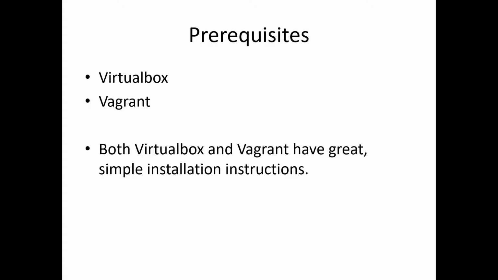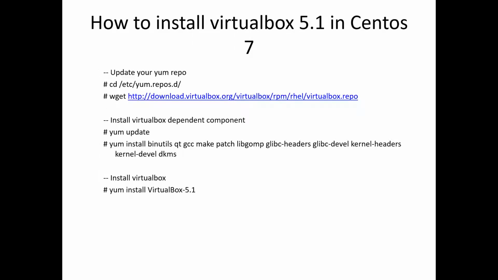So what do we do? For that, we have to install VirtualBox, which you did yesterday, and then on top of that, you have to install Vagrant, which I'll show you; it is very easy. Both VirtualBox and Vagrant have great, simple installation instructions. The instructions you see on my screen are command lines which will work in CentOS 7.